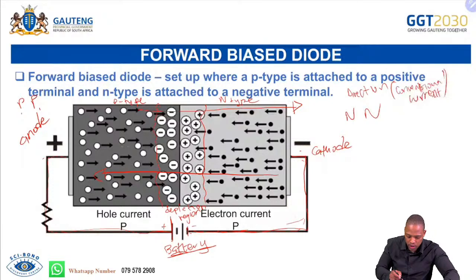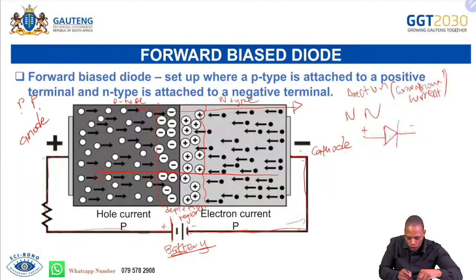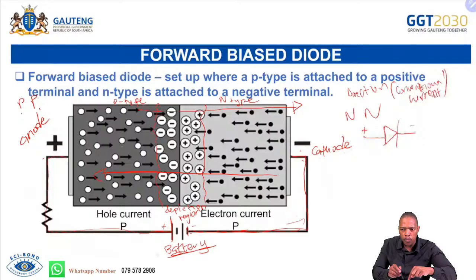So we are not going to say the direction of current is like this. The direction of current moves through the anode to the what? To the cathode. Let me draw my circuit symbol again. This is my circuit symbol where you are having the anode and there we are having the what? The cathode.